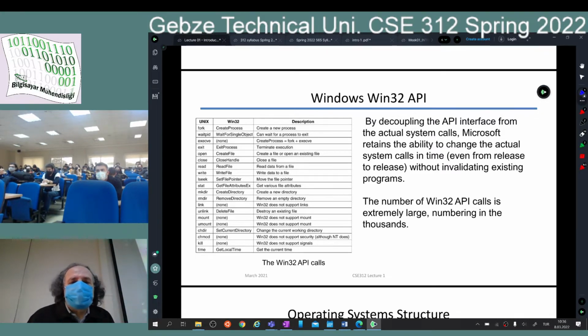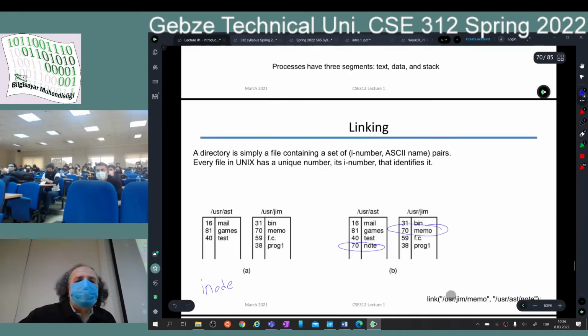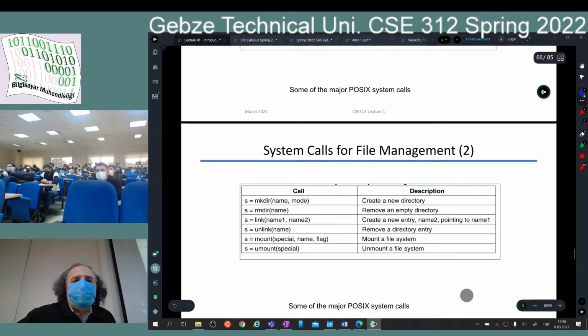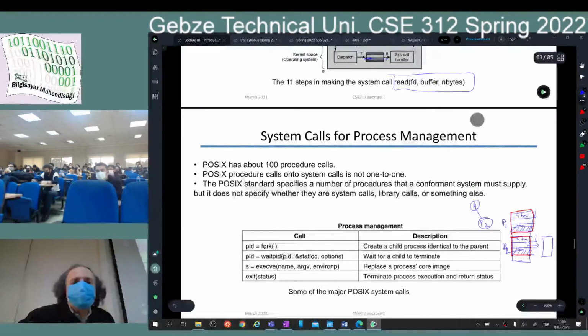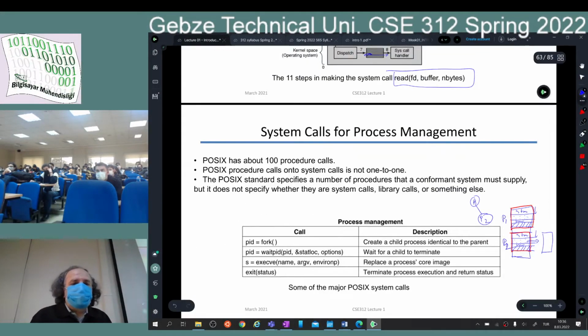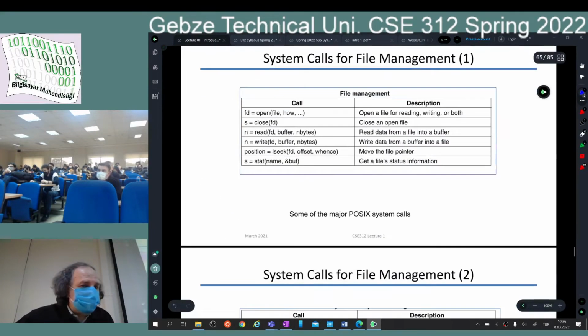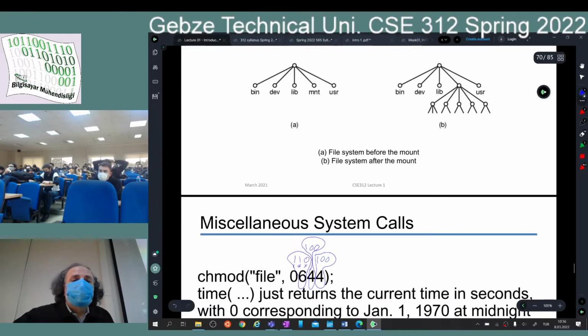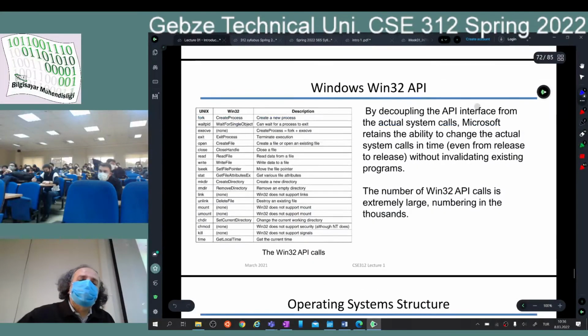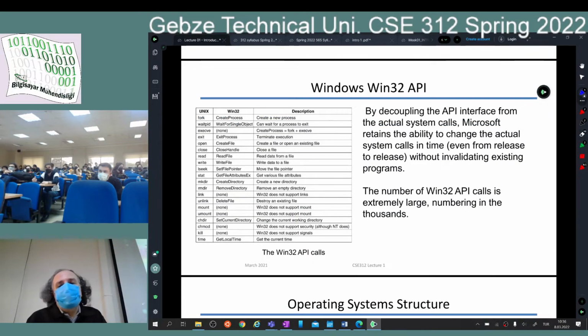So for POSIX, we have about 100 nicely defined procedure calls, but for Windows this number is more than 1,000. Because Windows tries to achieve many things at the same time.